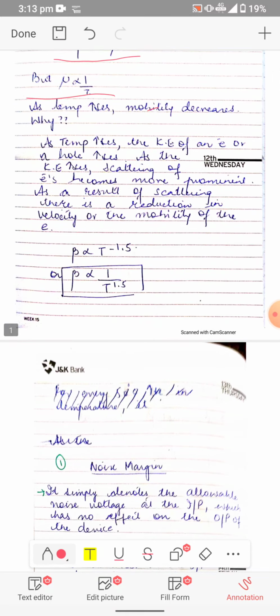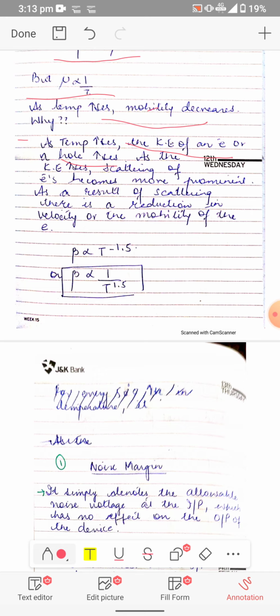Now, why is it that the mobility decreases as we start increasing the temperature? This is because as the temperature increases, the kinetic energy of the electrons or the holes present in the specimen starts increasing. And as the kinetic energy increases, the electrons and the holes present in the semiconductor start moving here and there with a greater velocity.